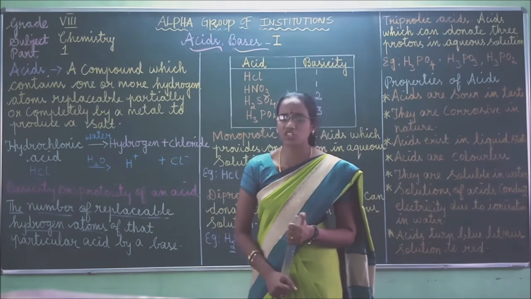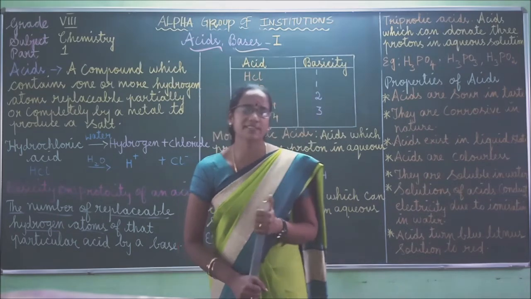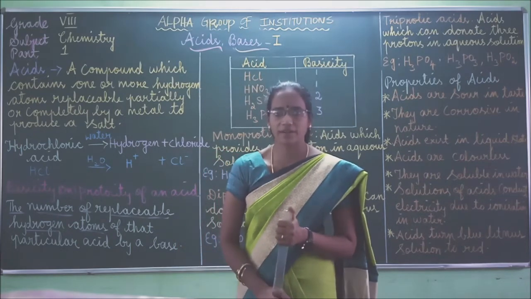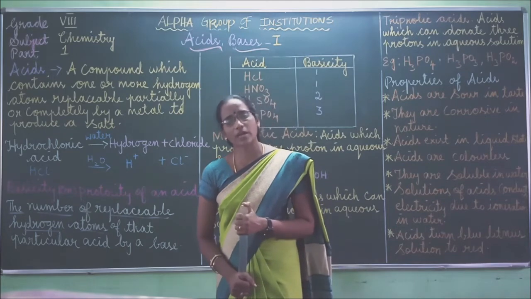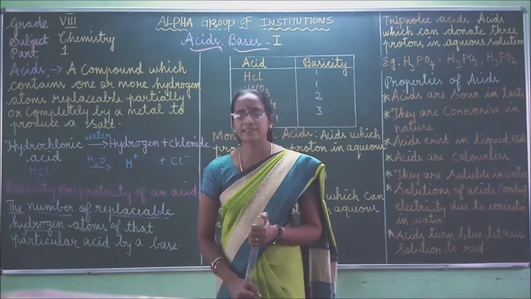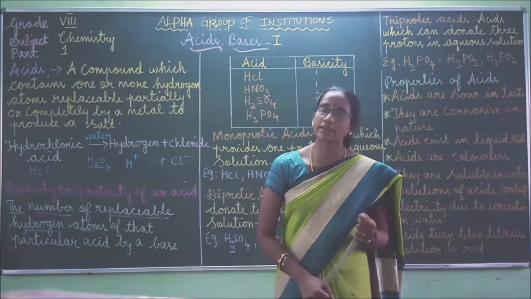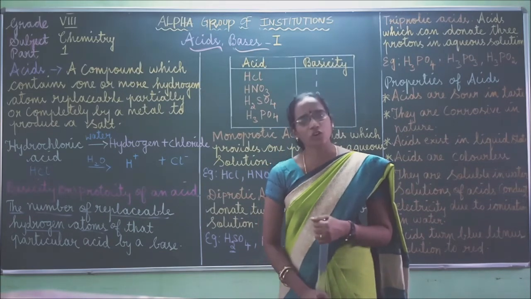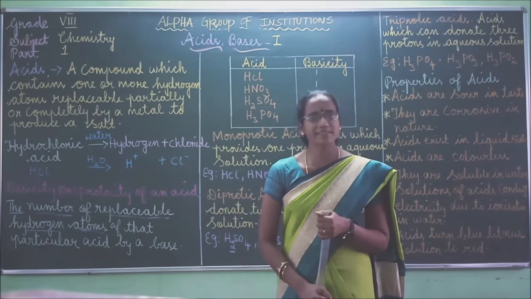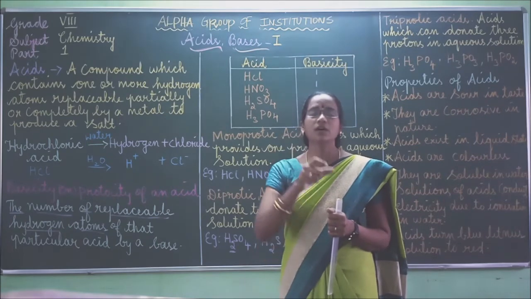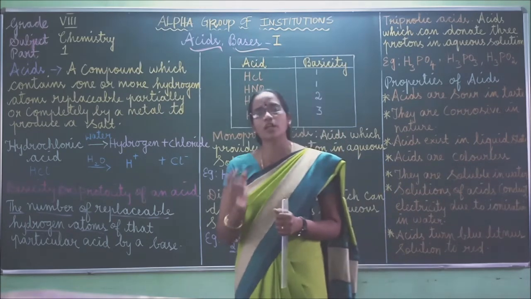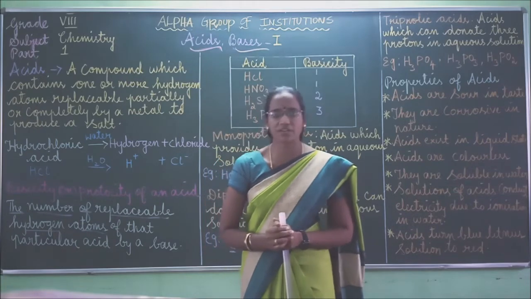This is an important 2-mark question. Examples of acids are sulfuric acid H2SO4, nitric acid HNO3, and hydrochloric acid HCl. You have to mention the name of the compound along with the formula.